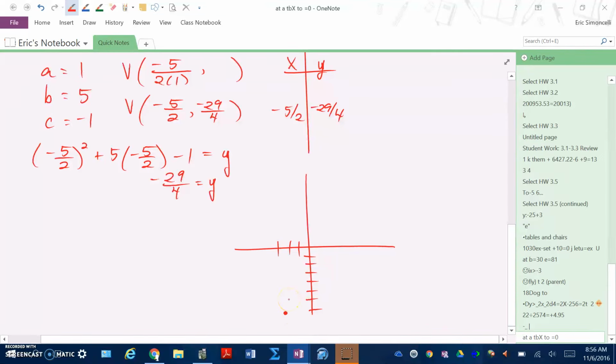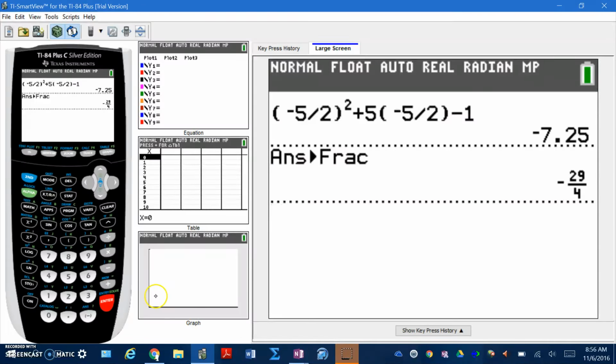So that's my vertex. If I go ahead and pick another integer just to the left, an integer is very smart here to choose, negative 3, but also negative 2. I can do that rather quickly simply by going back to my calculator. I'll be somewhat quick about it by hitting second enter a couple times. The TI graphing calculator is very nice in this respect.